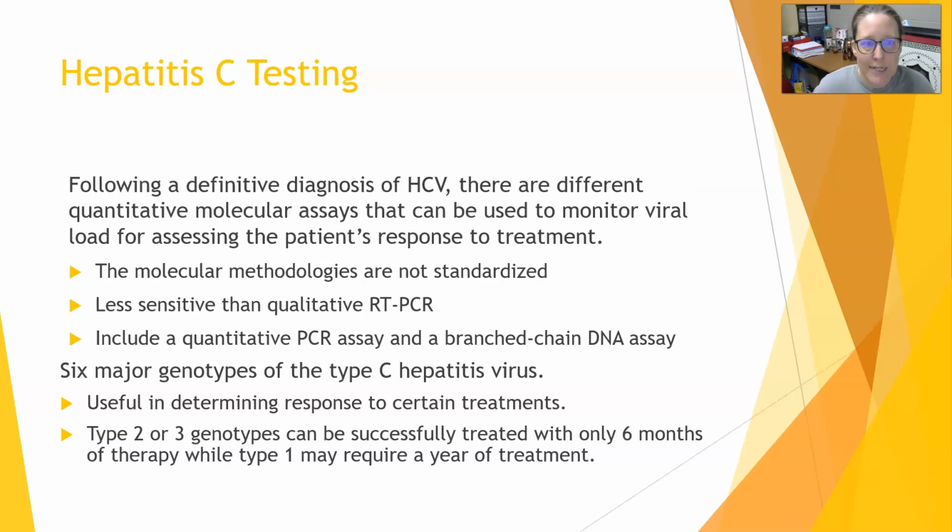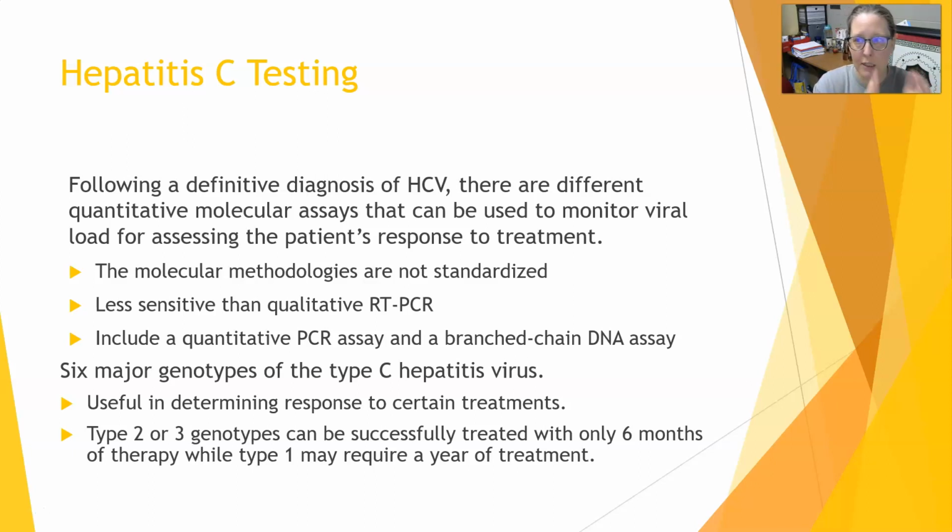Following a definitive diagnosis of hepatitis C virus, there are different quantitative molecular assays that can be used to monitor viral load for assessing that patient's response to treatment. First of all, the molecular methodologies are not standardized, so there's a lot of variation between testing. You definitely should not compare one method with another.